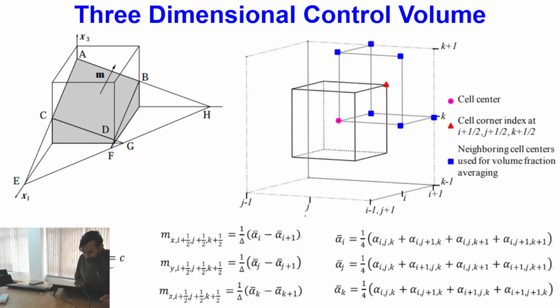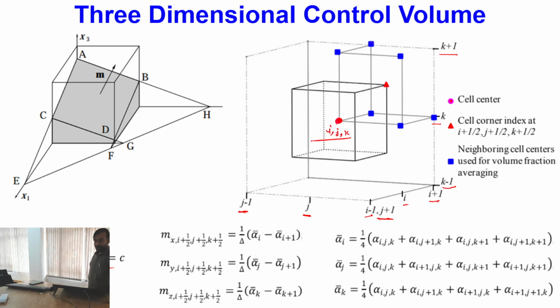So here this direction shows j minus 1 and j plus 1. This direction shows i plus 1 and i minus 1, and this vertical direction shows k plus 1 and k minus 1. Whenever you will be referring to the centroid of a cell, that will be having now three indices I, J and K. All are clear with this point?